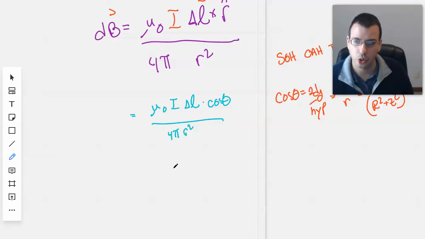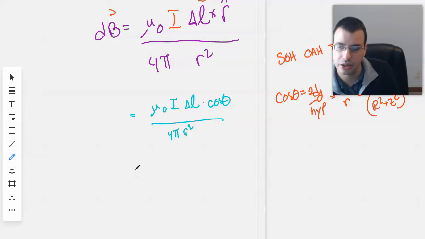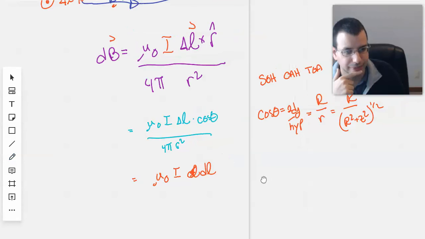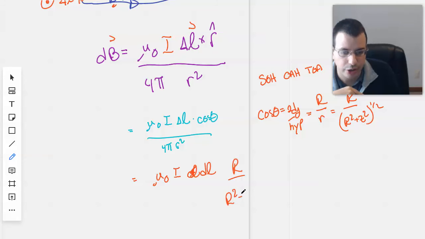Okay, so rewriting this one more time. I say one more time as if I'm not going to do it again, which I probably will. I do dl. I know my notation is terrible between deltas and d's. It's okay. Then we have big R over R squared plus Z squared to the 1/2.